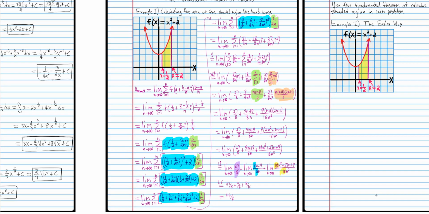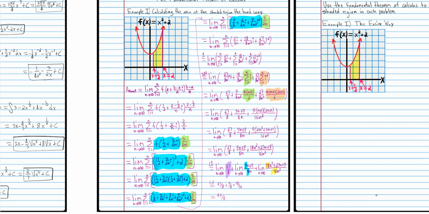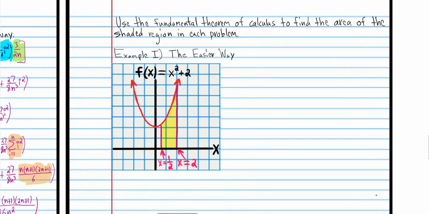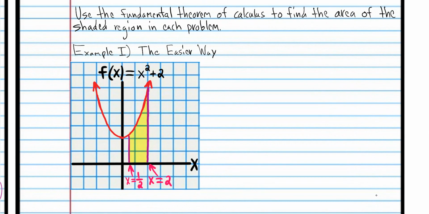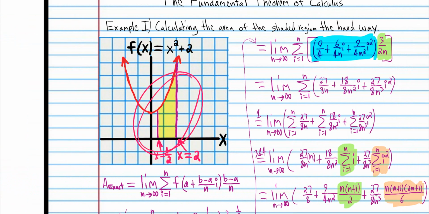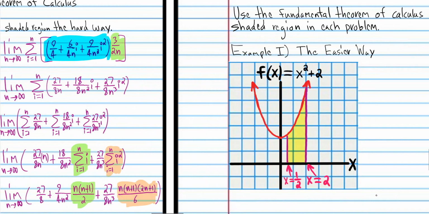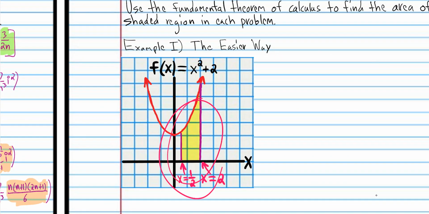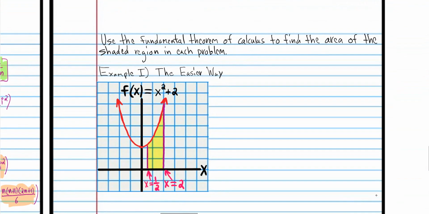It's just tedious. So now we're going to learn the fundamental theorem of calculus and how it's used to find the exact area. So we're going to find the area under the curve, just like we did in this problem in previous classes. Notice we have the same graph. We're looking for the same area here. But now we're going to use the fundamental theorem of calculus.